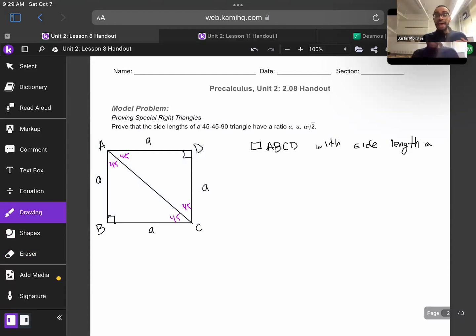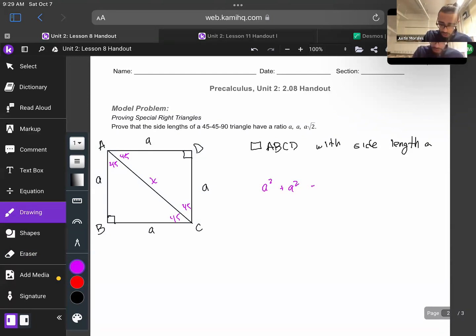So now we see that 45, 45, 90 right triangle, and we already have two of the side lengths, A and A. So once again, I'm going to go ahead and do the Pythagorean theorem to figure out this missing side X. So we could say that A squared plus A squared equals X squared. But we want to figure out what X is actually equal to.